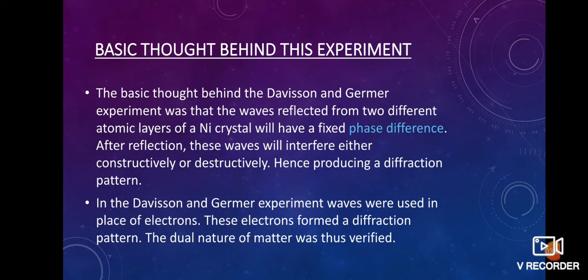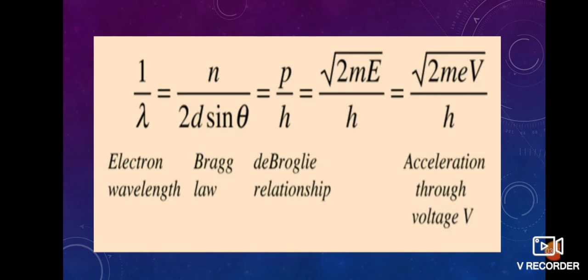In the Davisson and Germer experiment, electrons were used as waves. These electrons formed a diffraction pattern. The dual nature of matter was thus verified. And here we have a relationship between electron wavelength, Bragg's law, and de Broglie's relationship with acceleration through voltage V.